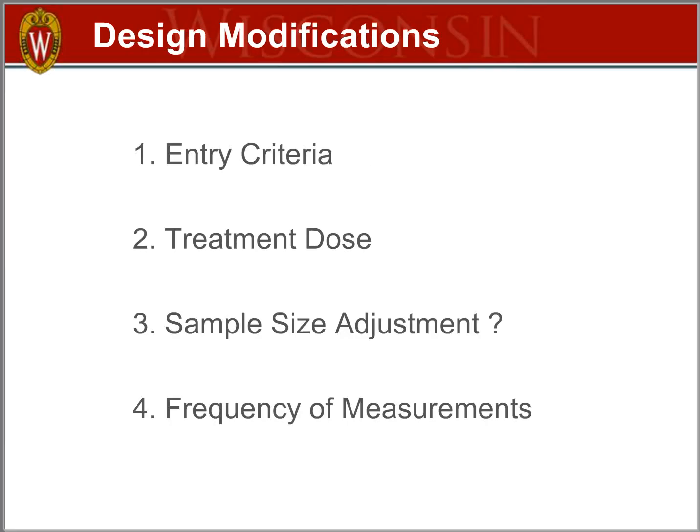A design modification might be, for example, to modify the entry criteria to exclude some patients or to open it up to a wider range of patients. They might decide that the dose isn't high enough to get the activity that's hoped for. Under special circumstances, they may recommend sample size adjustments or a change in the frequency of measurements. In general, monitoring committees do not like to make design modifications, but in some cases it may be necessary.